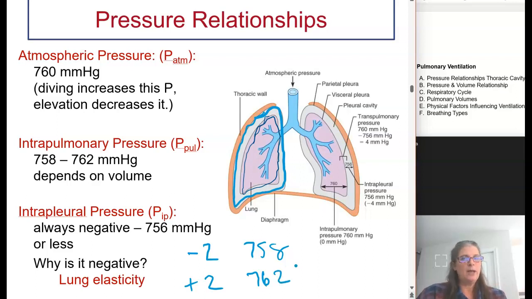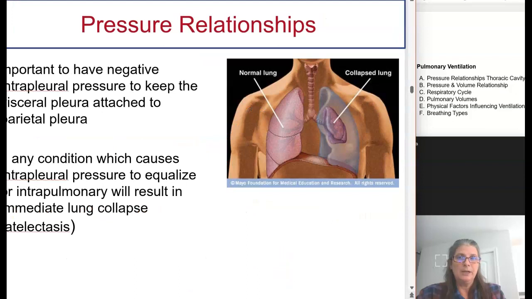So it's just another way that might be used to explain these numbers. Now, notice again that we said they're going to change a little bit. And they're going to change based on the movement of the diaphragm. But remember, anytime the pressure is equal inside the lung and outside of your body, there's no movement of air. Air will move from a higher pressure to a lower pressure until equilibrium is reached.